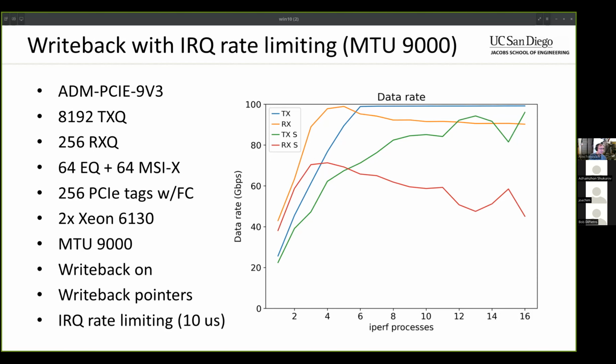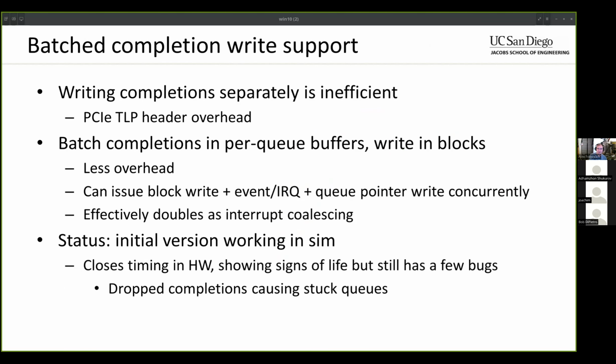So that brings me to the batch completion rate support that I've been working on. The idea with this is that we have sort of a cache where completions and events can be aggregated across a small number of queues. And then once they're sitting in the cache, they can be flushed out via DMA into host memory.